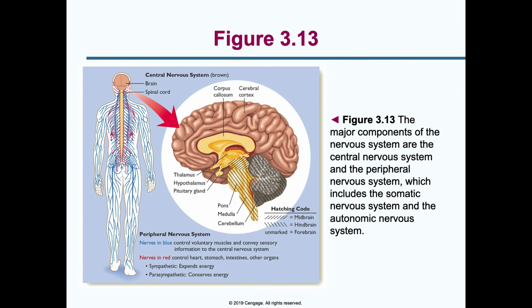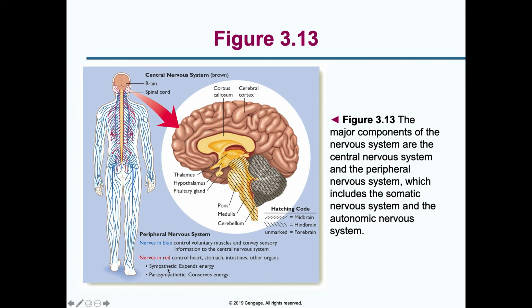Then you feel the heat and you pull your hand away because look, leading down to the hand are the nerves in blue, all right? And that conveys the information up to the central nervous system in the brain and or through the spinal cord. And then the nerves in red control the heart, the stomach, the intestines, and the other organs, okay?